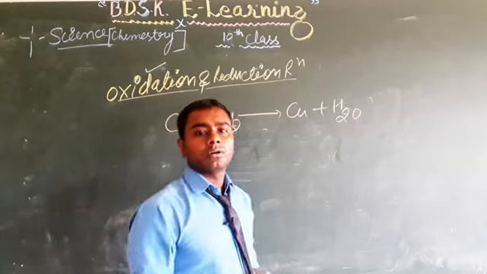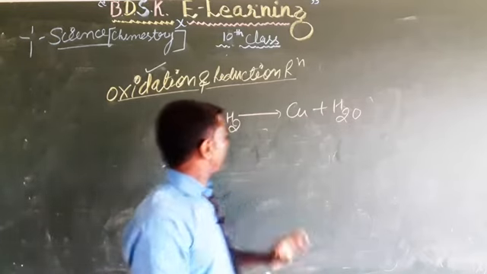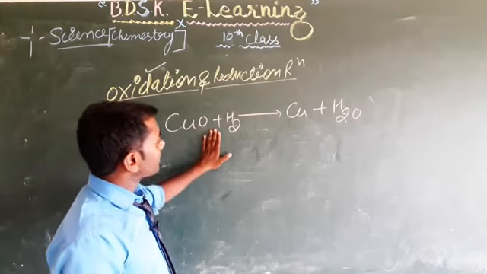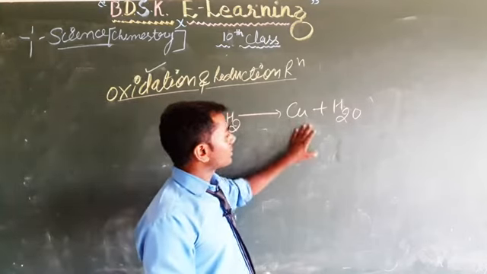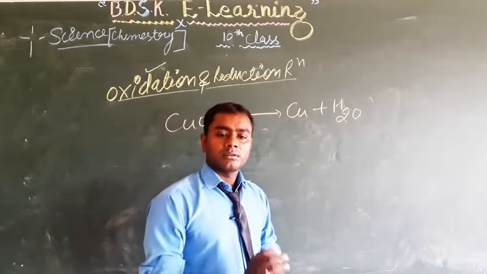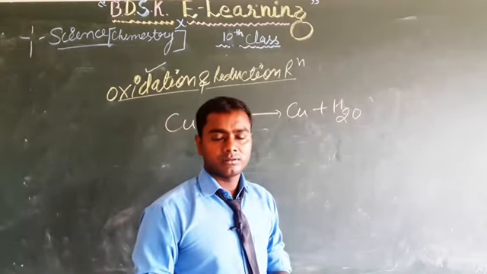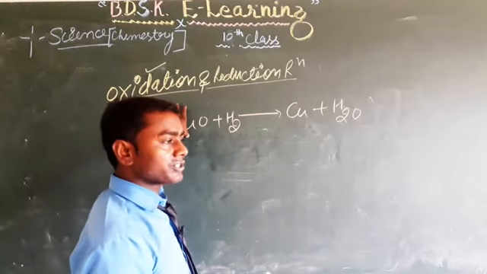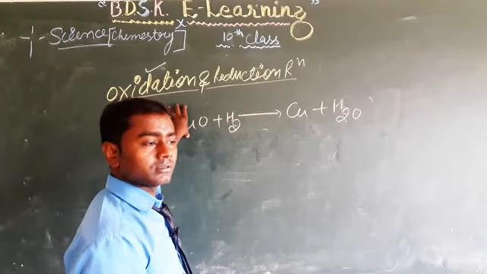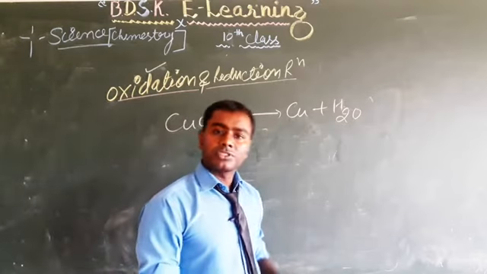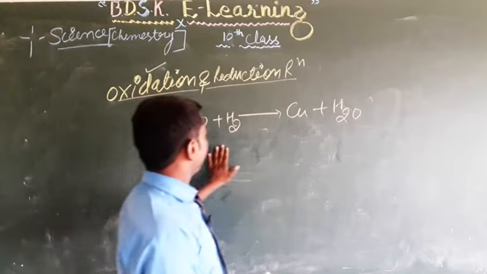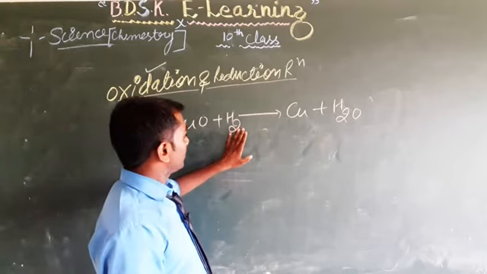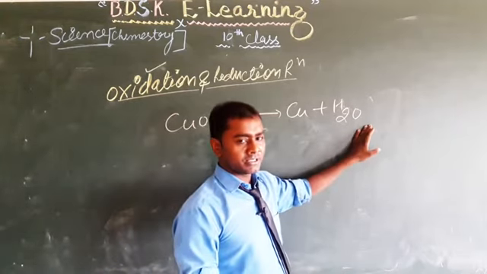So, according to the definition, the removal of oxygen from the compound is called reduction. So, the CuO is reduced into Cu.